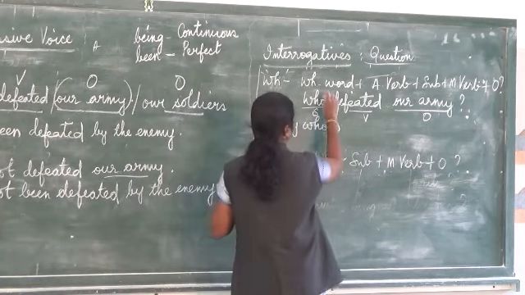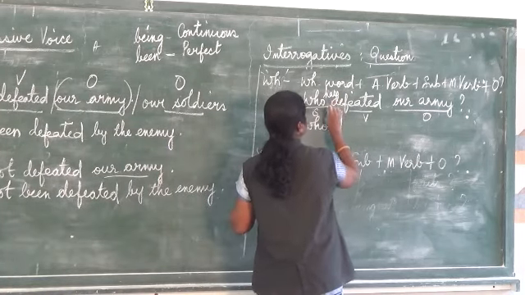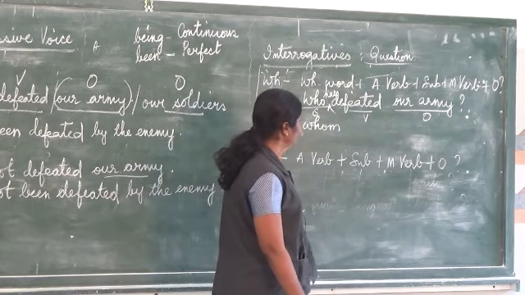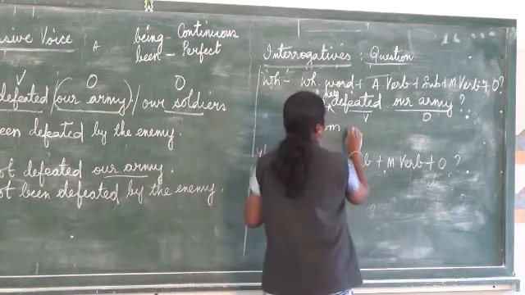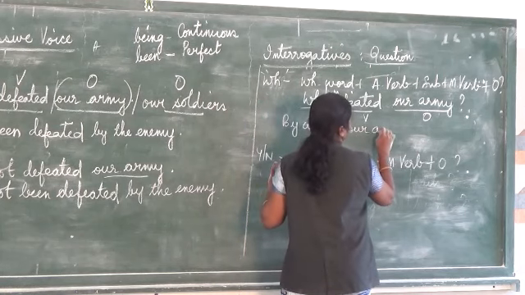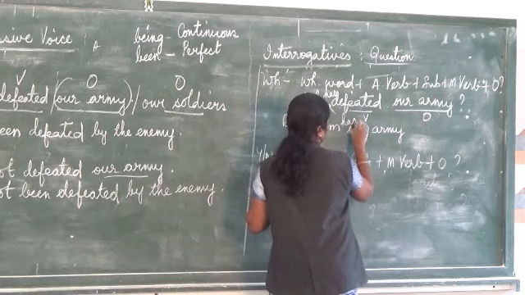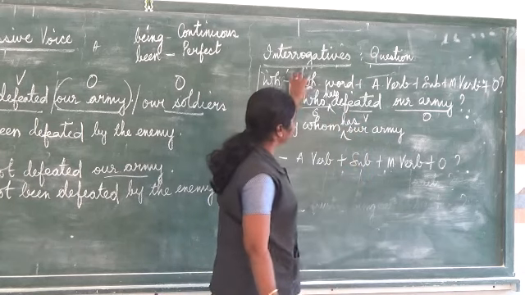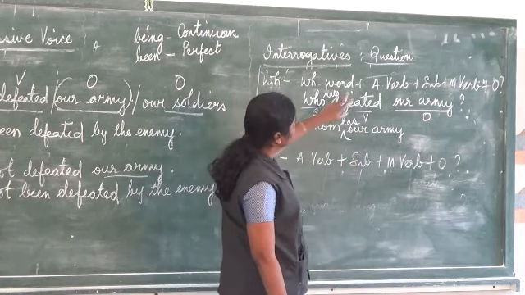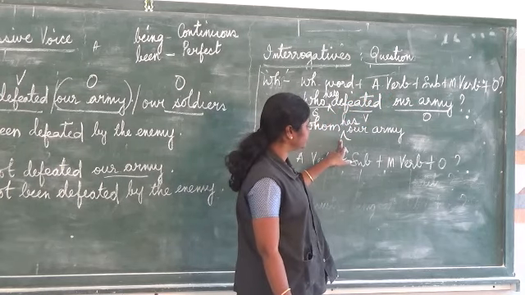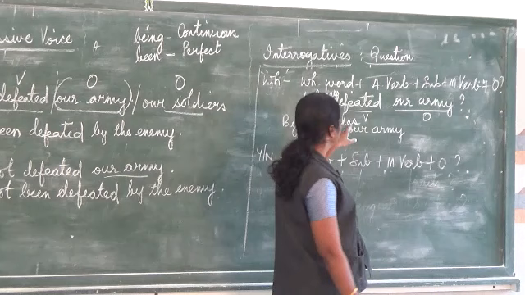Oh sorry, this is perfect tense, no? Who has defeated our army? Okay, so by whom our army. See? WH word by whom. Then you should have auxiliary verb has. By whom has.